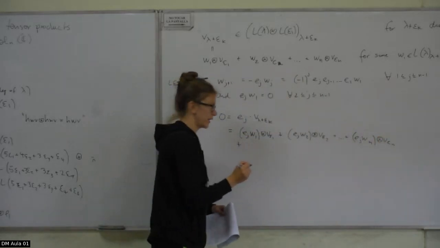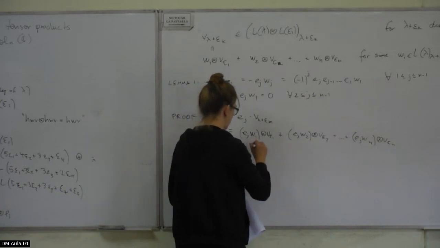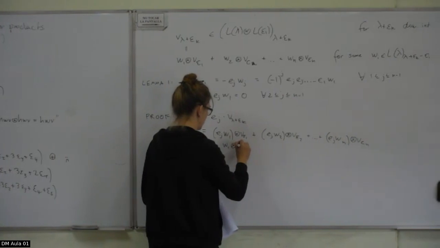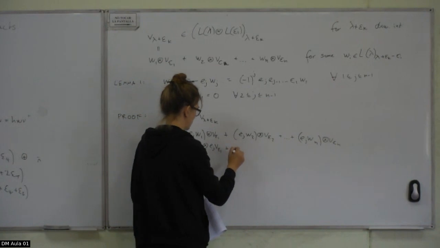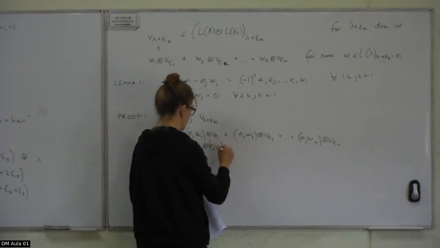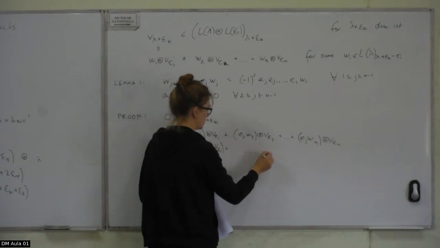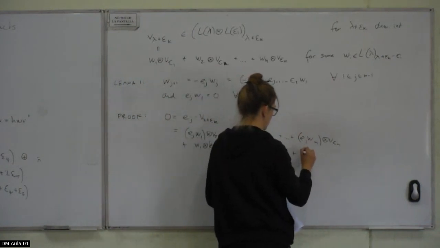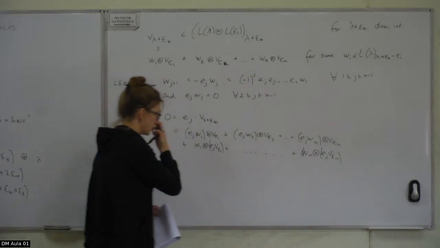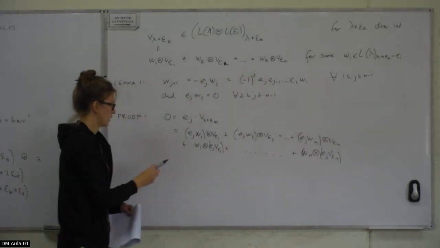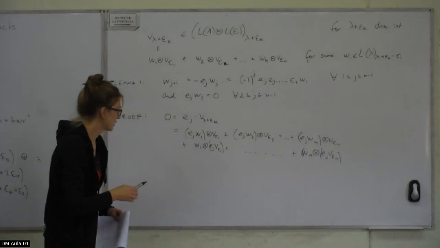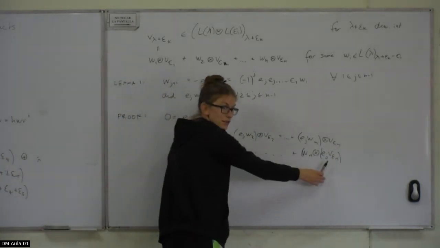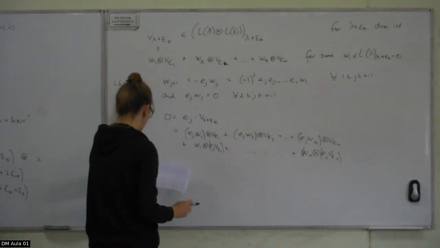Plus, now always in the second factor, but here you will see something happening, which is that E_j, given by this diagonal elementary matrix, will actually act by 0 on most of these guys, except on one index.